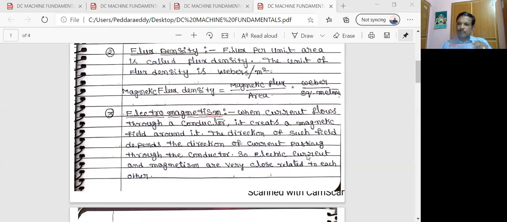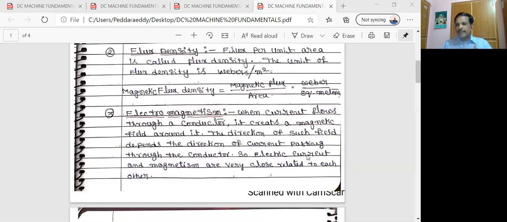Once again, when current flows through a conductor, flux is produced around the conductor. The direction of this flux is related to the direction of current. If the direction of current is towards the observer, the direction of flux is anti-clockwise.